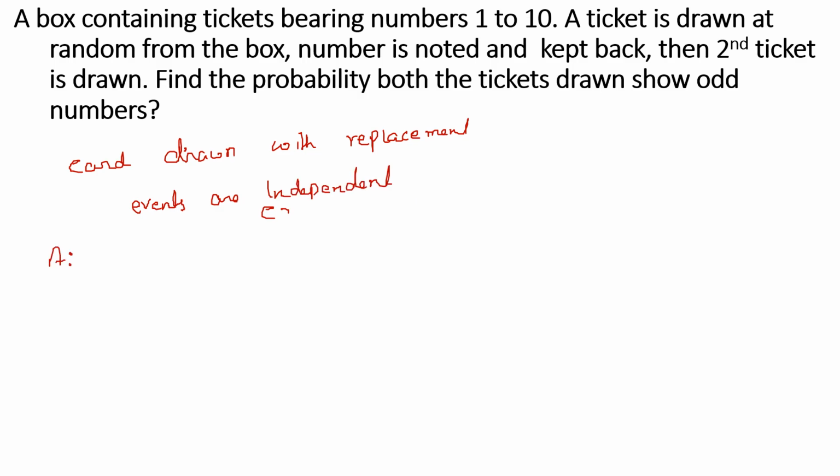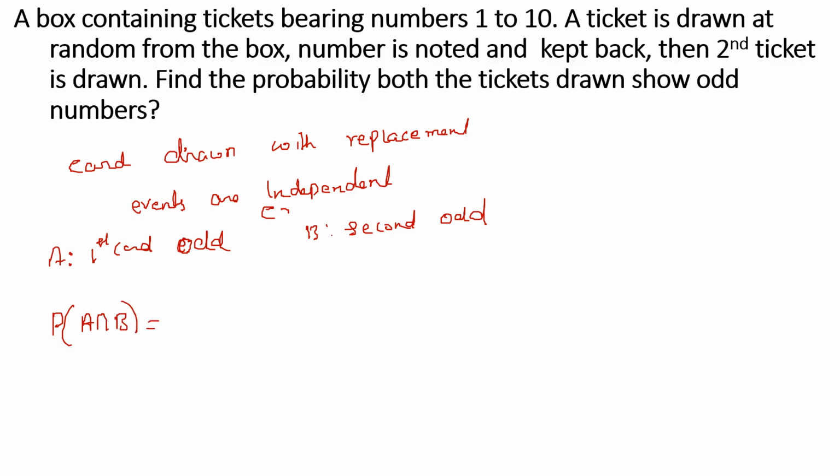So let us denote A is first card is an odd number and event B is second card is also an odd number. We have to find what is the probability that both the cards are odd numbers. That means event A and event B both should occur.